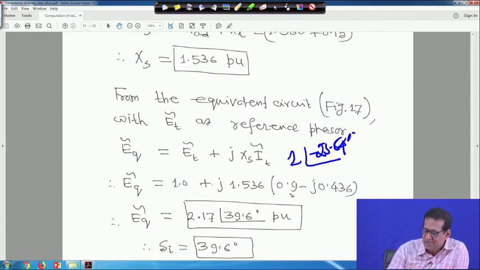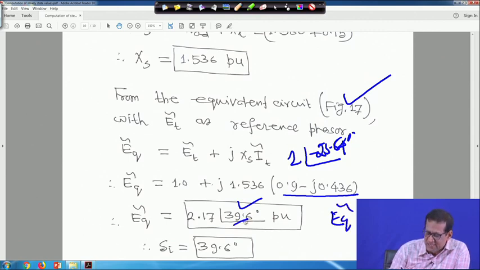So, basically it will become 0.9 minus J 0.436. If you compute, EQ tilde will become 2.17 angle 39.6 degree, and if you go back to figure 17, it is given EQ tilde, that is your angle delta I. So, this is the magnitude of EQ, and delta is 39.6 degree, that is the answer.